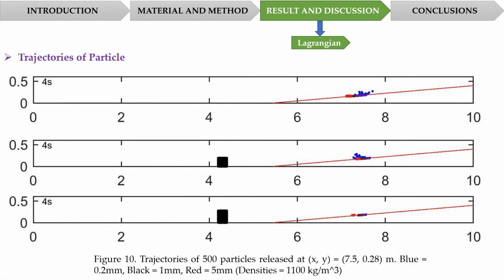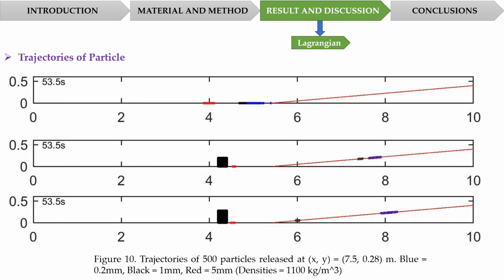And this slide shows an animation of particles with density equal to 1000 kilogram per meter cubed, with similar colors. Blue is 0.2 millimeter, black is 1 millimeter, and red is 5 millimeter.